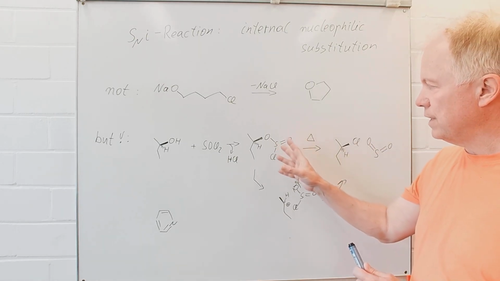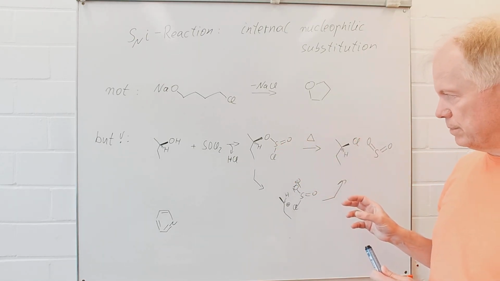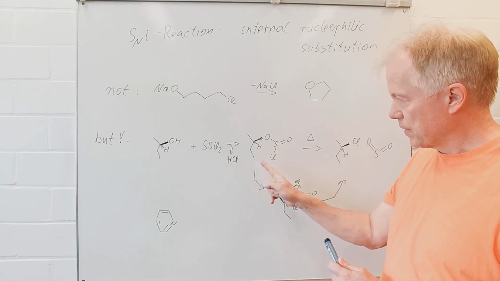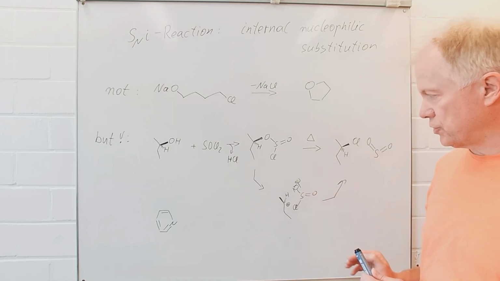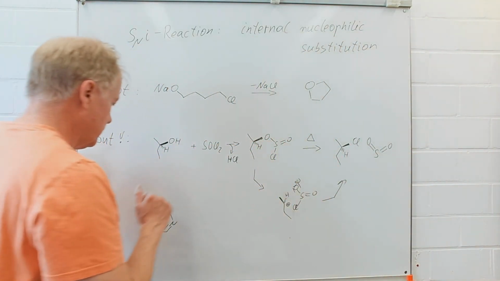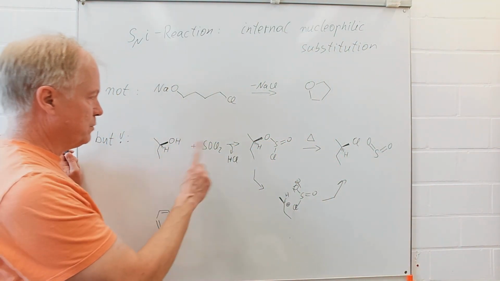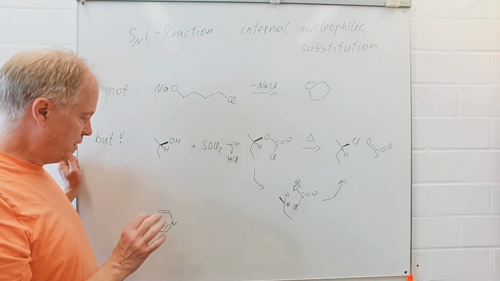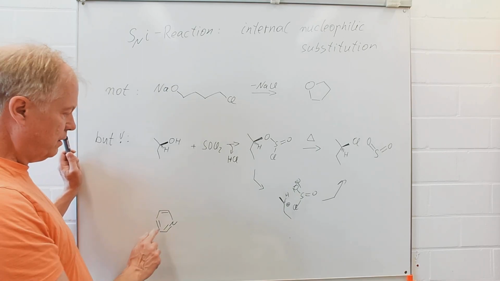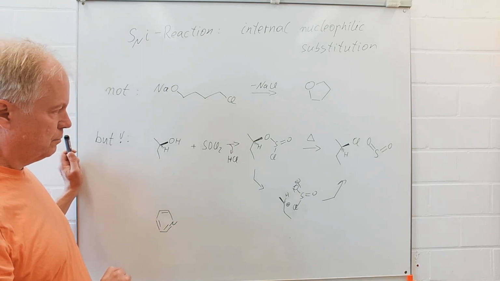But in this case we have to heat it up a little bit, so that the activation barrier can be crossed. On the other hand, the substitution will proceed already at much lower temperature if we have some pyridine present.